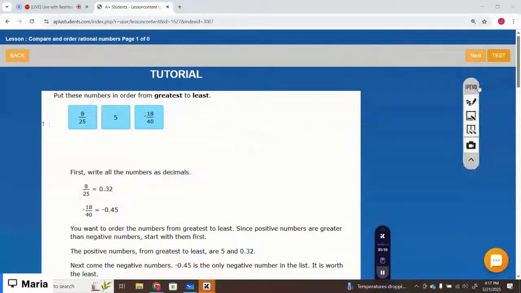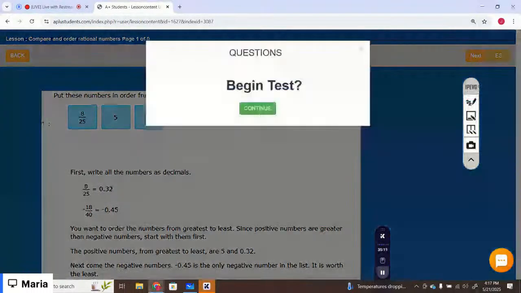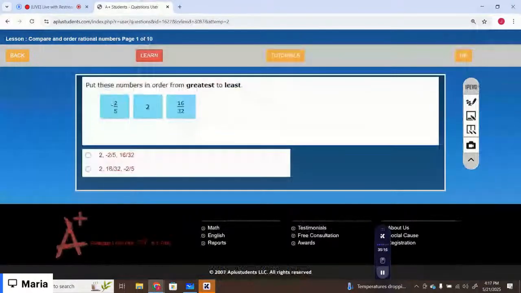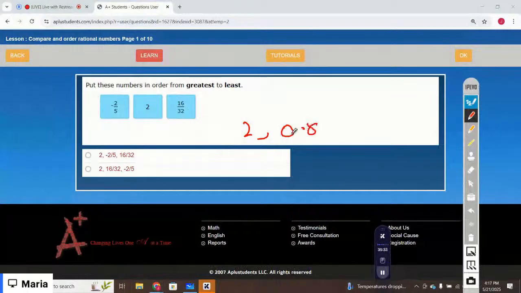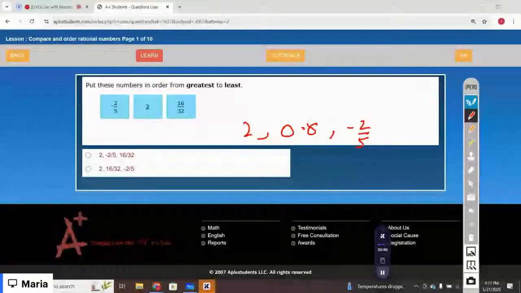Let's just start with the test questions. Put these numbers in order from greatest to least. So you need to arrange them from greatest to least. So the greatest number is 2, and 16 over 32 is 0.5, and then the last one is 2 over 5, and negative numbers are always smaller than positive numbers.